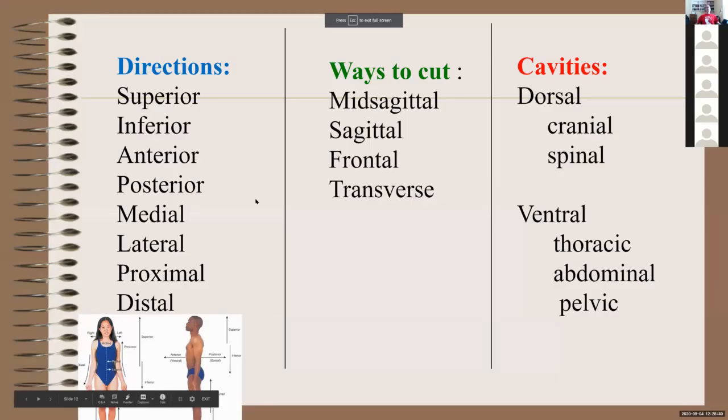So what about if something is found towards the very end of a limb, furthest away on a limb? What do we call it? What's the direction? Something like a hand or a foot on that limb. Liliana says lateral. Any other thoughts?